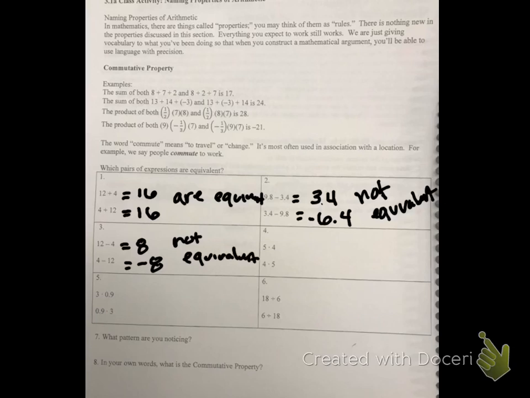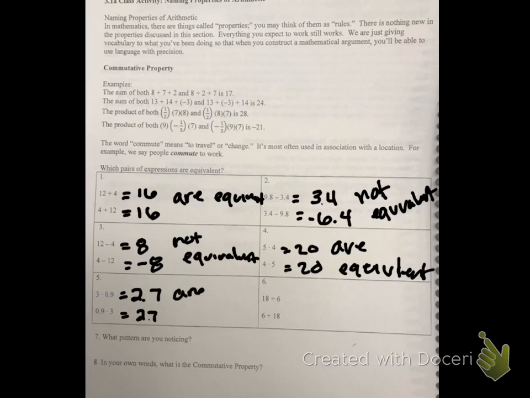Okay, 5 times 4 is 20. 4 times 5 is also 20. Therefore, these are equivalent. Okay. Number 5. 3 times 0.9 is 2.7, and also 0.9 times 3 is also 2.7.